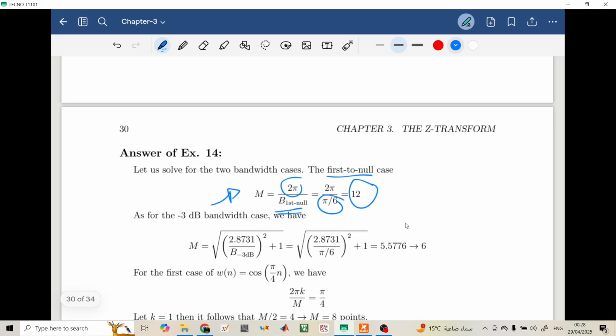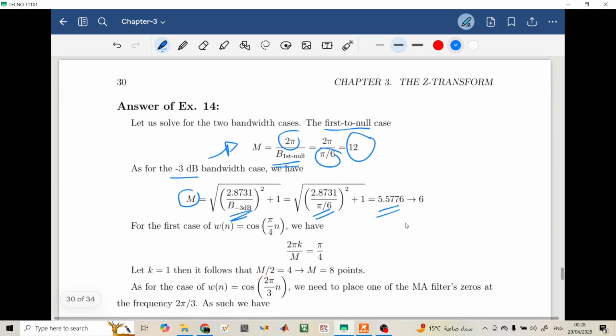As for the minus 3 dB case, you solve for M, right? You plug in here the minus 3 dB bound, which is pi over 6, into this formula, and you get this value. Note that this value is not an integer, so we have to round up just to make sure that we are achieving the required bandwidth, right?